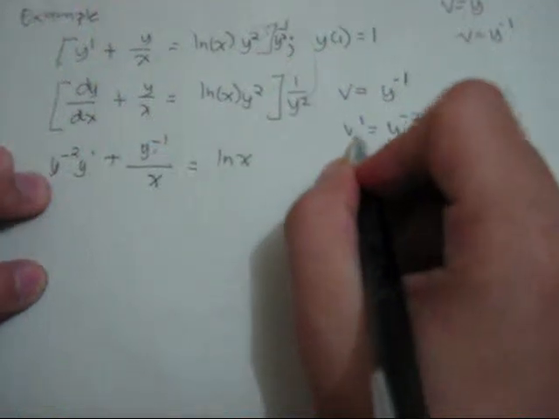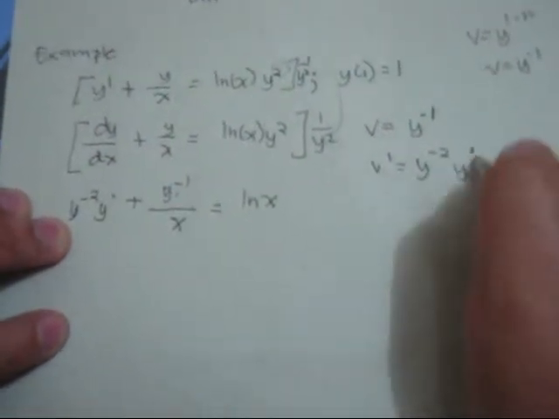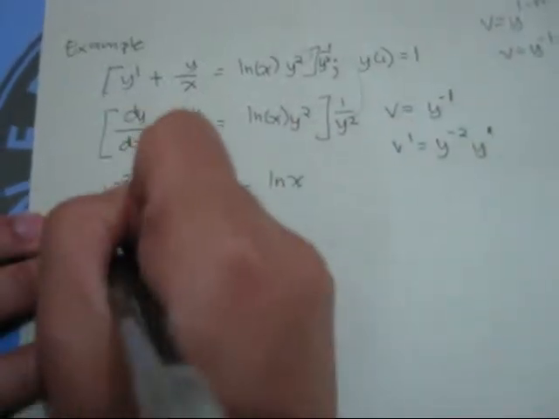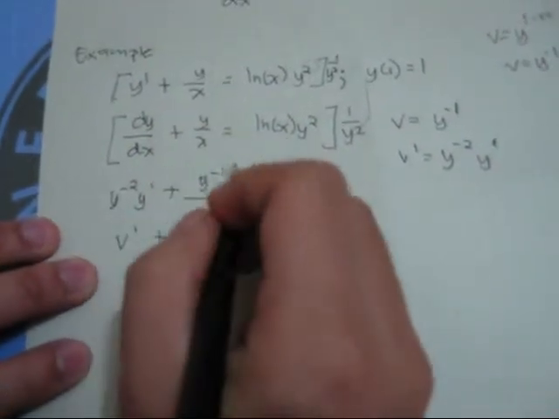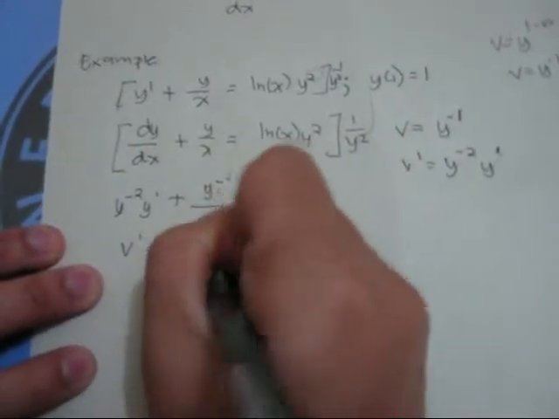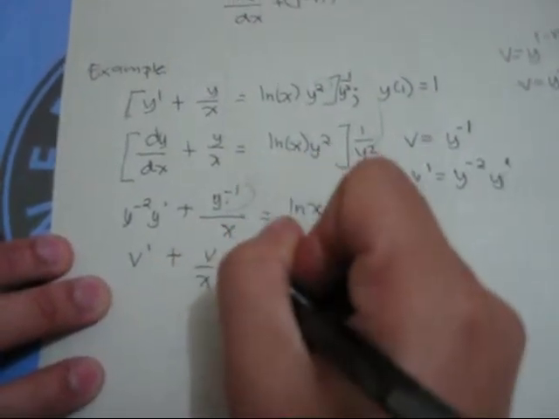Since v prime is just y to the negative 2 y prime, you can substitute this one. So v prime plus y to the negative 1, which is just v, over x equals ln of x.